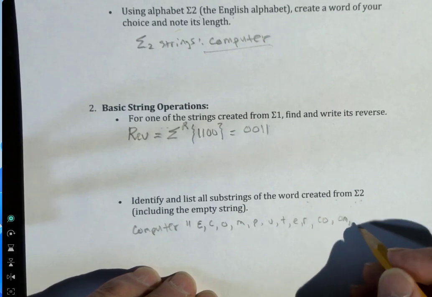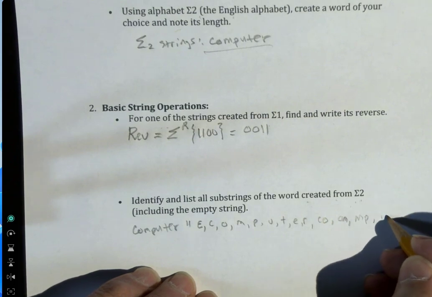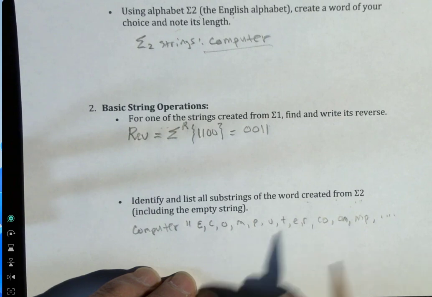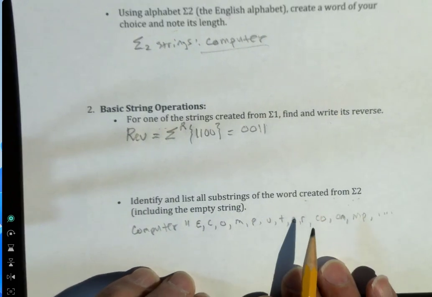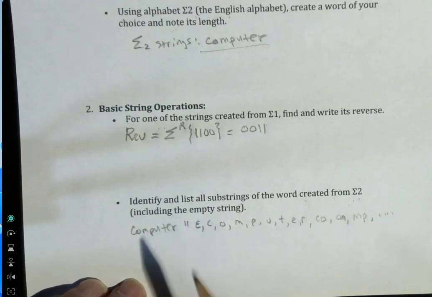I'm just dividing it almost in half. MP, and okay, as long as you're including these letters, it's going to go on and on. Including the substring, so that's number 2.